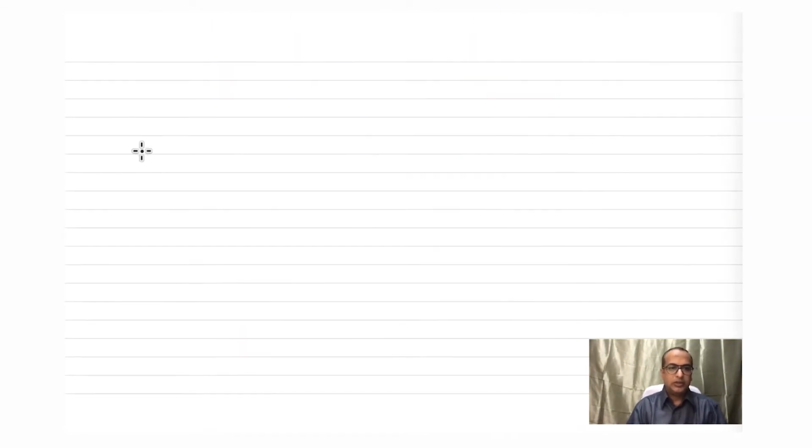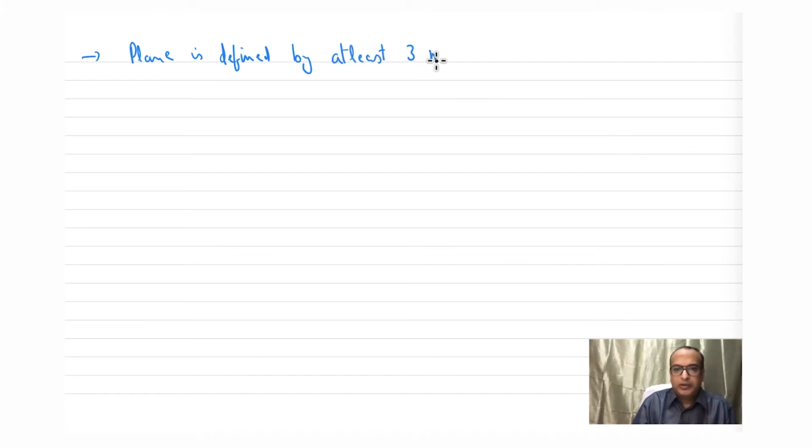So let us see a few more important points about plane of symmetry. We all know a plane is defined by at least 3 non-collinear points. You all know this, but this is just to give you a hint again.